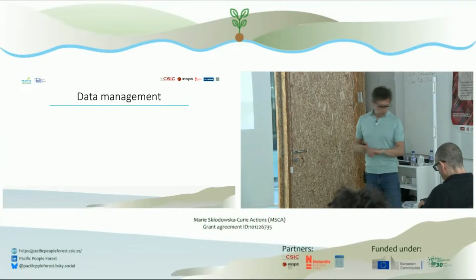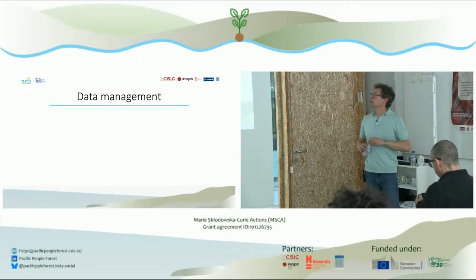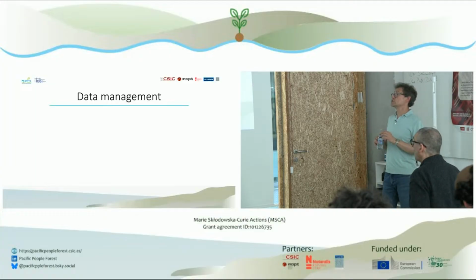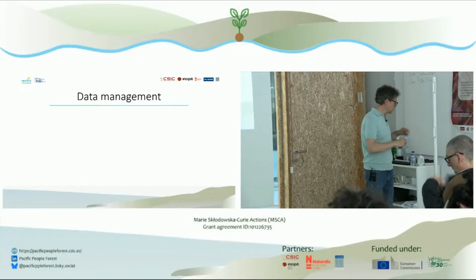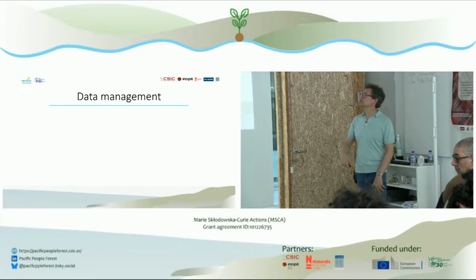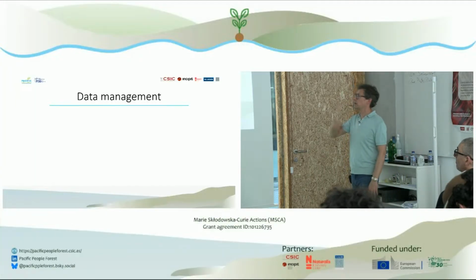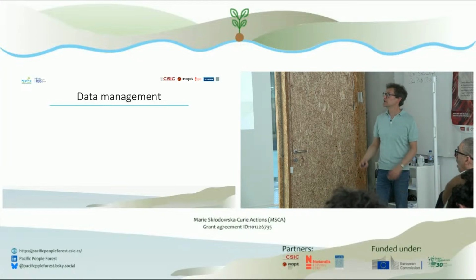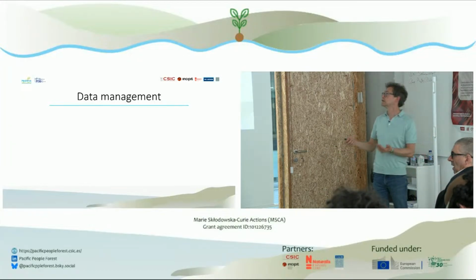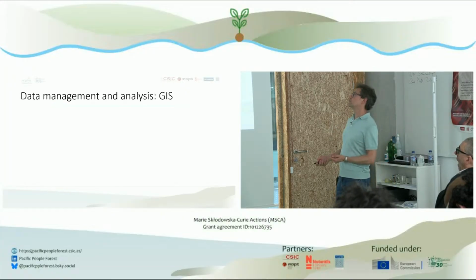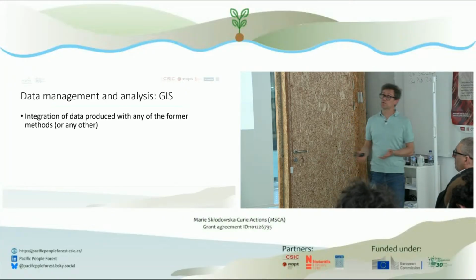So we can move to the third main utility of geospatial technologies, which is data management. We have been able so far to map things, to locate things especially, to document and identify many different things. So we have produced lots of spatial information, spatial data. The basic tool for data management is geographic information systems.